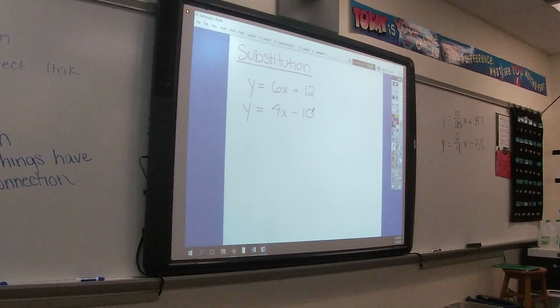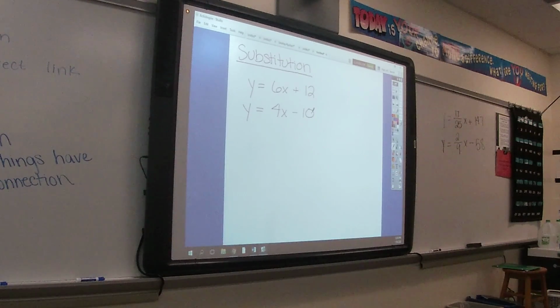More than one equation. So we have two equations, and there was something else we had to have. Two equations and two variables. So we have two equations, we have two variables, so we know that this is a system.